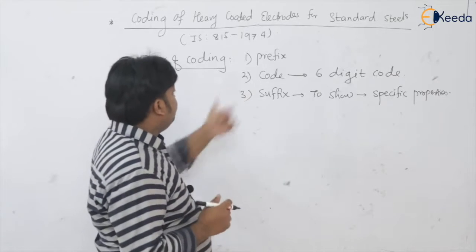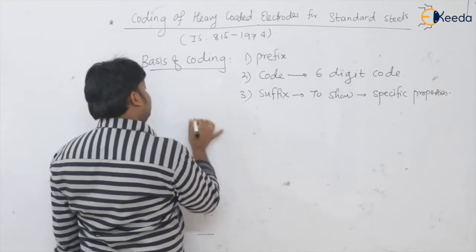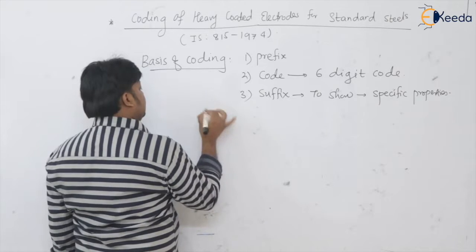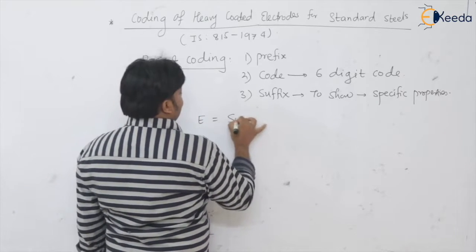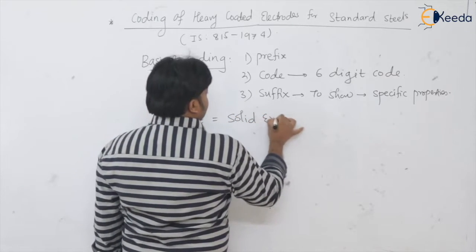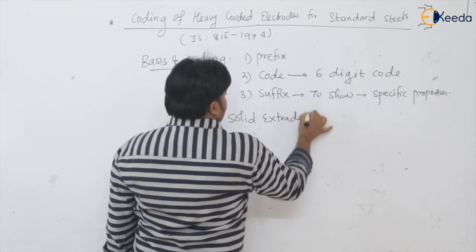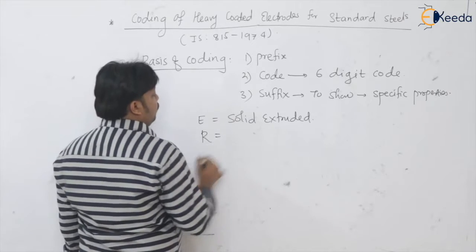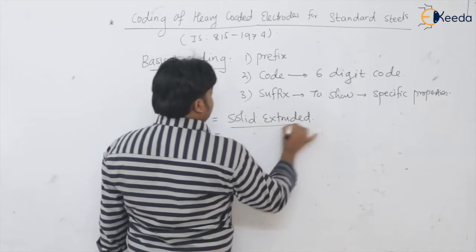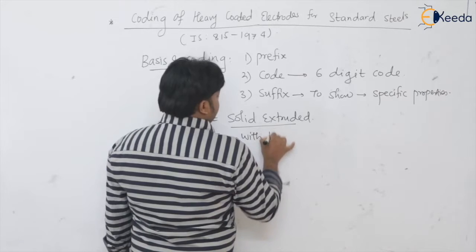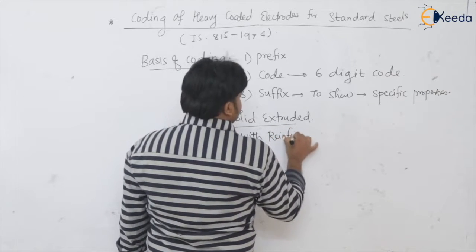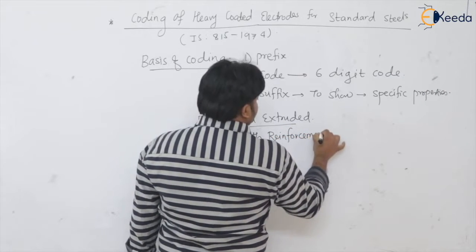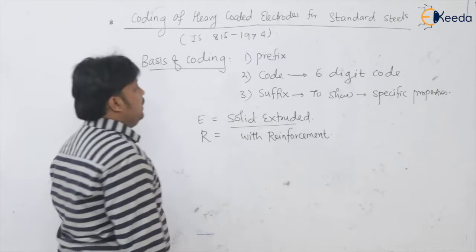So for the prefix, we are having E, that is solid extruded, and R, we can have this letter for extruded with reinforcement.